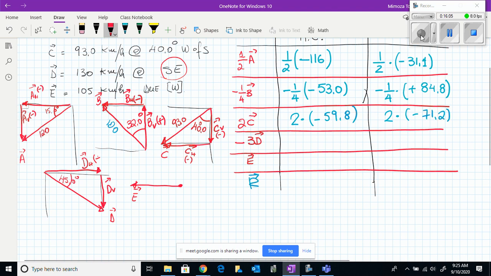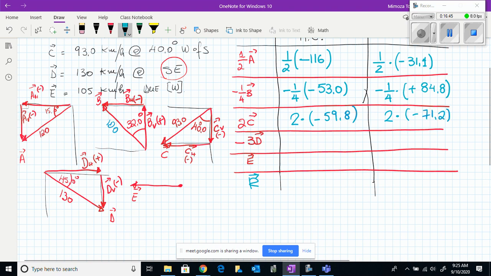The horizontal component is positive because it's going toward the east, and the vertical component is negative because it's going toward the south. In this case, since it is 45, we know that sine and cosine of 45 degrees are the same thing. The magnitude of this vector is 130, and in order to find the component, we can use either sine or cosine. They are both the same thing.